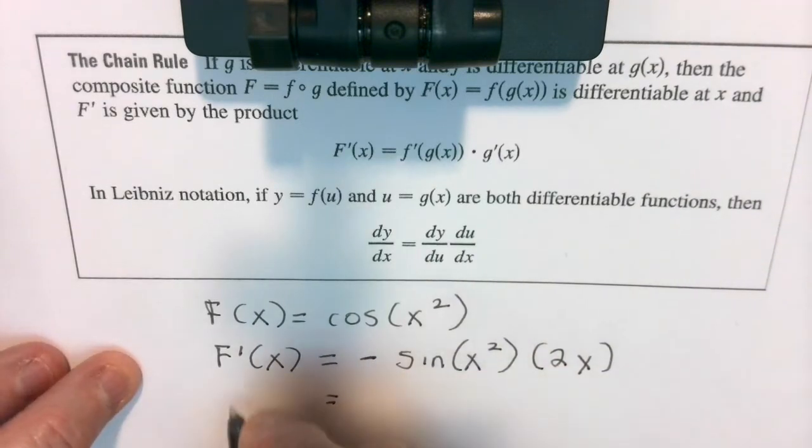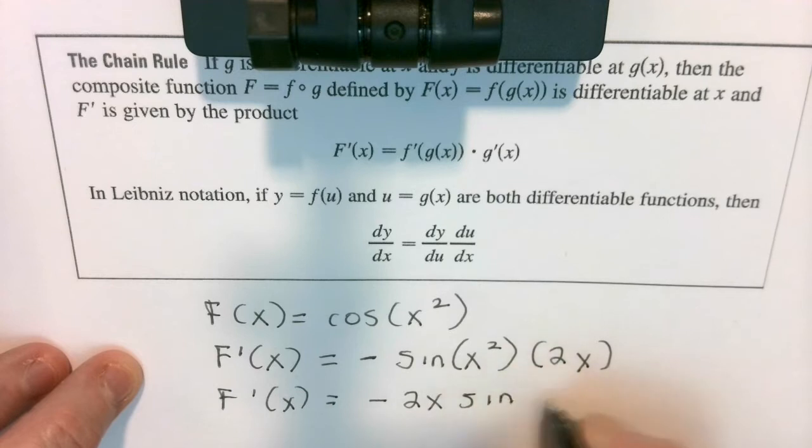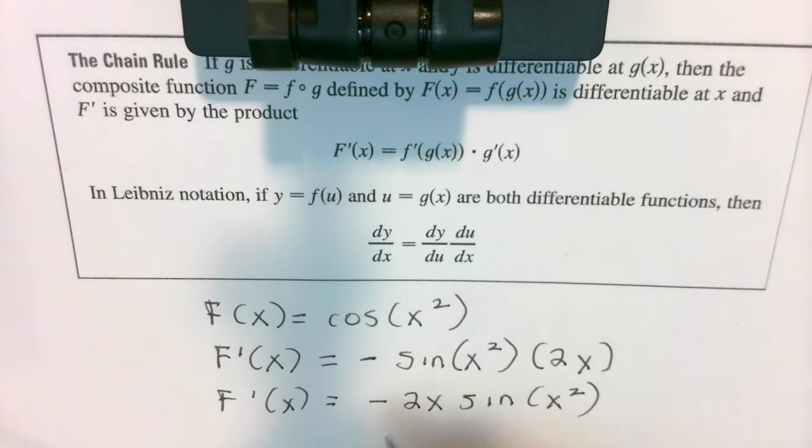So we have f prime of x equals minus 2x sine of x squared. Usually we write it in this order, with our coefficients first, and then the simplest term next, which is x, and then the sine.